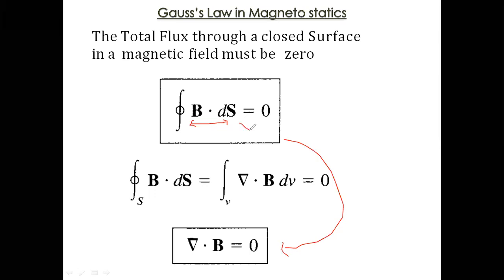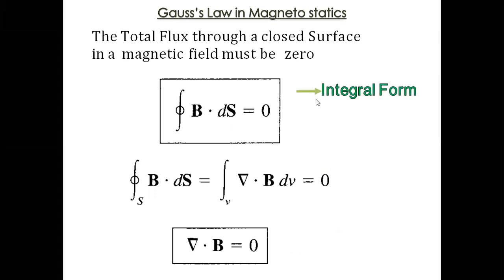And this is known as Gauss law in magnetostatics. So this is the integral form of Gauss law in magnetostatics, and this is the differential form of Gauss law in magnetostatics. The heading is here, Gauss law in magnetostatics.